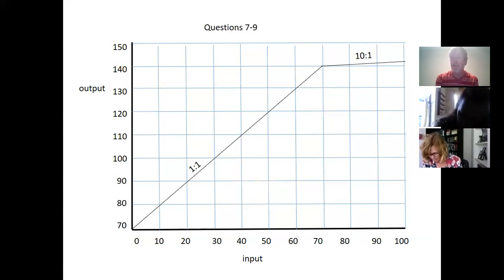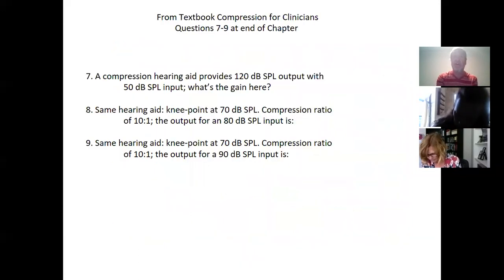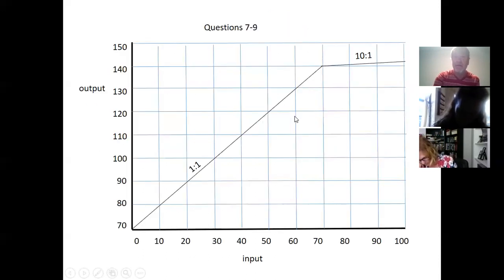Makes sense. So let's look at the previous picture here. Compression ratio of 10 to 1. An output for an 80 dB SPL input is 141. Now let's look at question 9, but I'll just make sure, 80 in, 141 out.